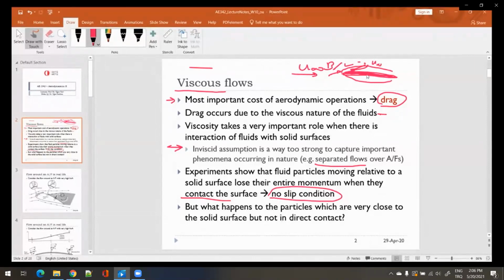So the viscous flow analysis that we're going to learn in this class is very much about learning the physics of boundary layers and the mathematics of boundary layers.